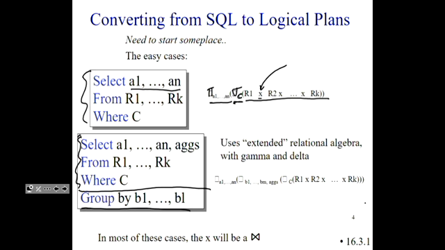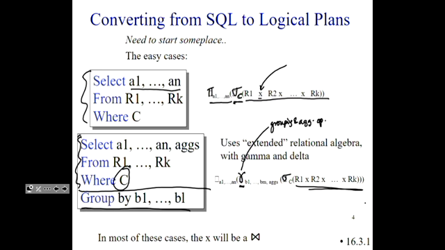Here once again you start with the cross product of R1 through RK, followed by a sigma, a selection, because you have this where clause, followed by a gamma, which is doing a grouping and an aggregation. So this is one of the extended relational algebra operators, the grouping and aggregation operator.